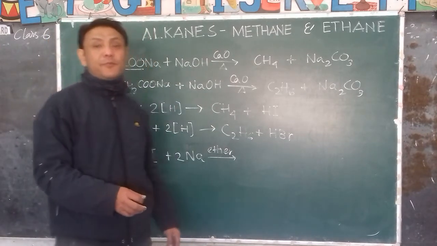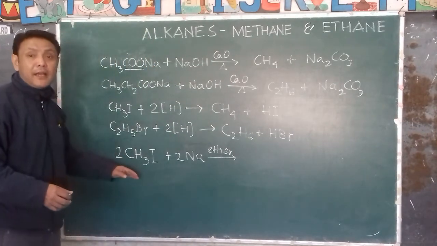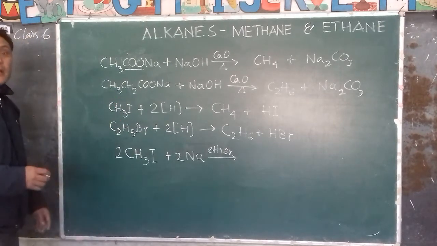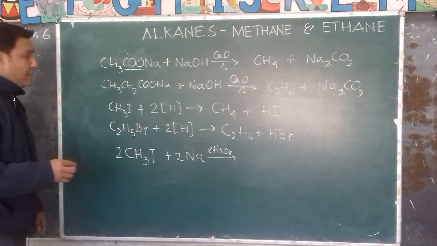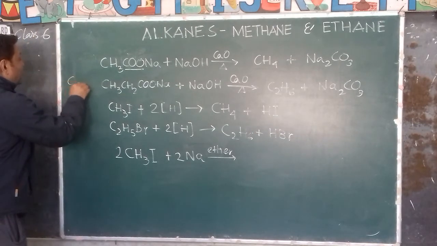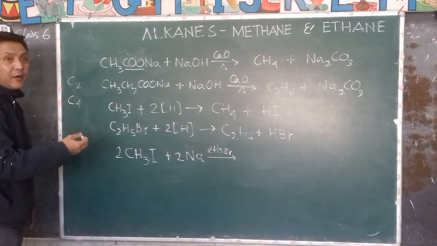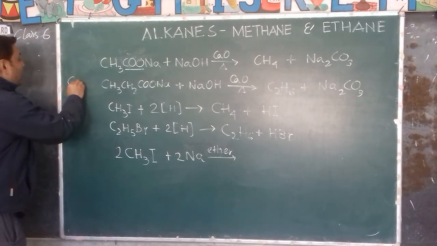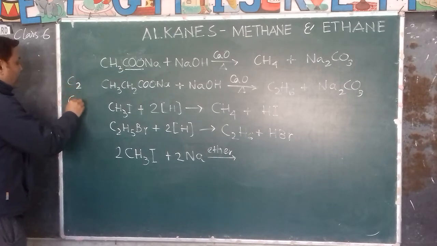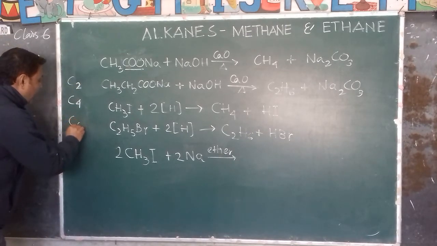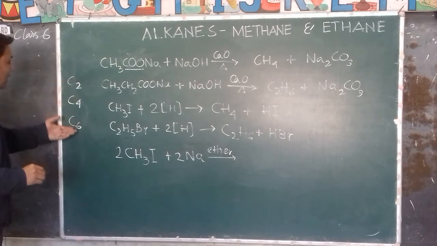Okay, now the last way, this process is known as the Wurtz reaction. The Wurtz reaction is possible only if we want to get a hydrocarbon with an even number of carbons, like C2, C4, C6.